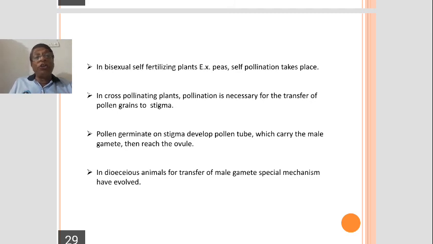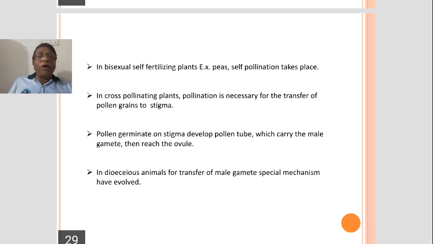Pollinating agent is not necessary because both the stamen and the pistil are near each other. Okay. The pollination takes place, pollen grains deposit on the stigmatic surface.